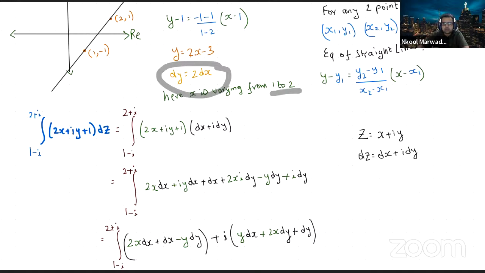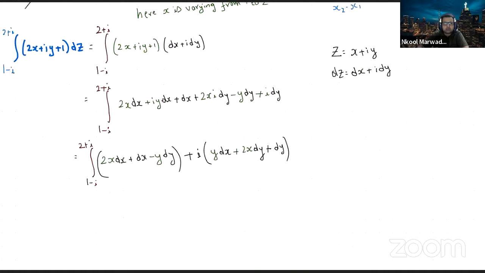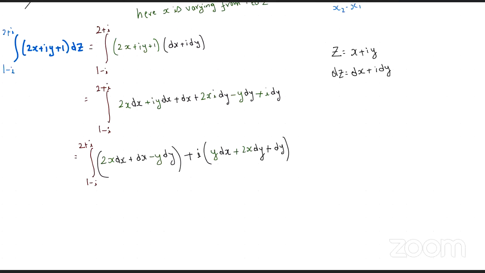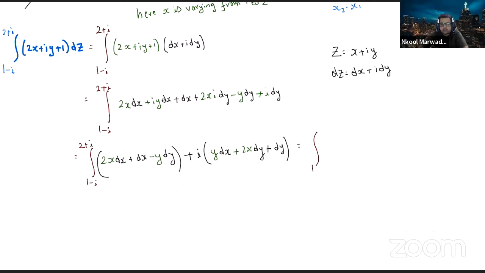So let us do that. Now what I'm trying to do is simplify the integral in such a way that the limit is from 1 to 2, and wherever I have dy, I will convert it into 2 dx.